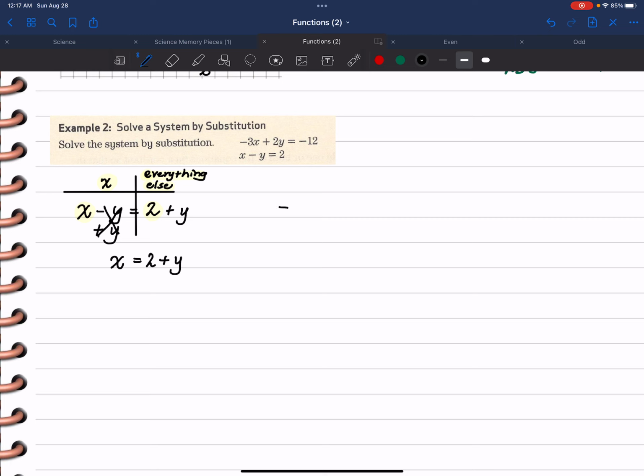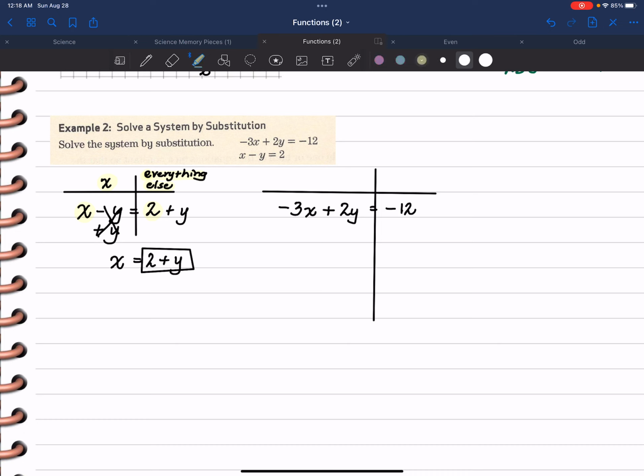Then I'll take the second equation of my system, which is negative 3x plus 2y equals negative 12, and I'm going to go ahead and build my t-chart right here. Okay, now instead of x, I'm going to use this quantity.